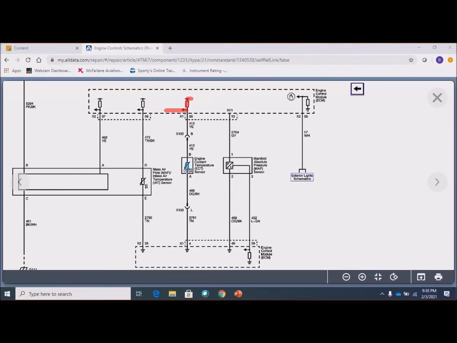If this resistance out here changes, because this one inside is never going to change, but this one here will change with temperature. So as we get warmer, this is a negative temperature coefficient, so as we get warmer, the resistance is going to decrease.